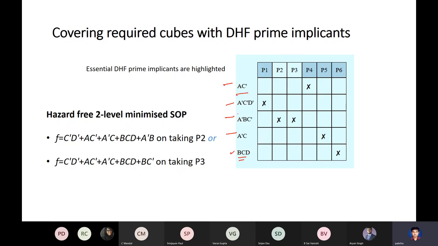So these are the DHF prime implicants that we need to cover, and this is the covering given. This covers both P2, P3, and so on.